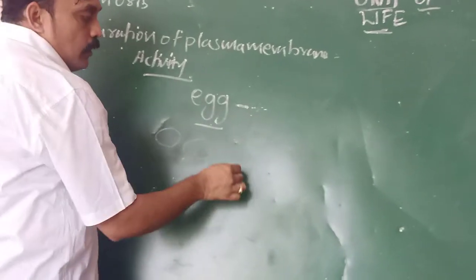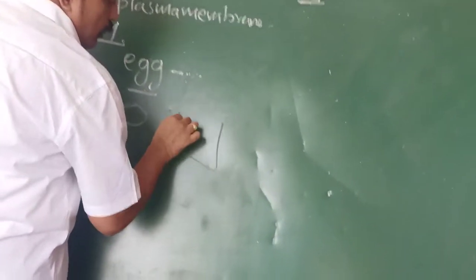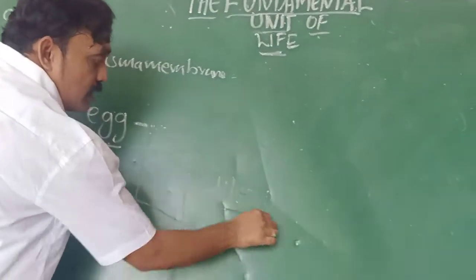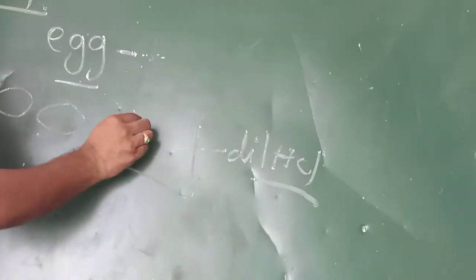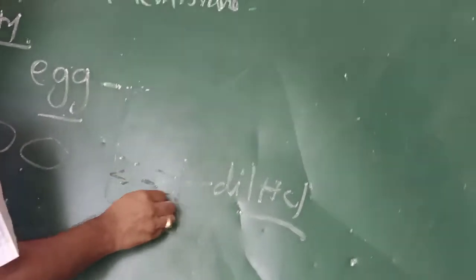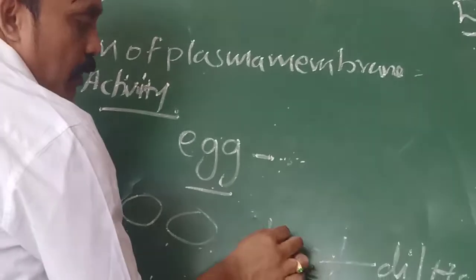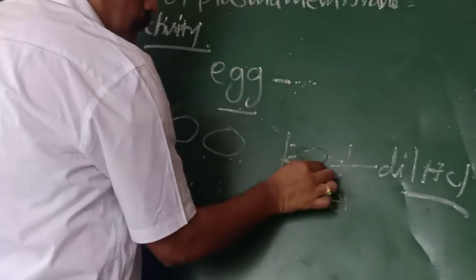Do one thing. In a beaker, you have to take dilute HCl. I am saying dilute HCl, not concentrated HCl. Whatever fresh eggs you took, you have to keep inside the dilute HCl.